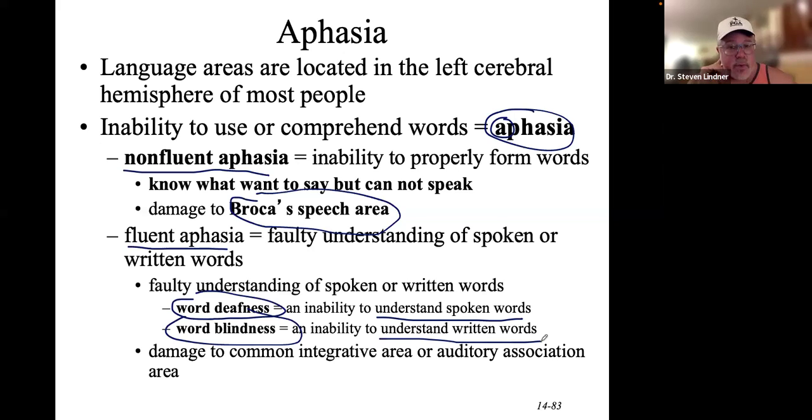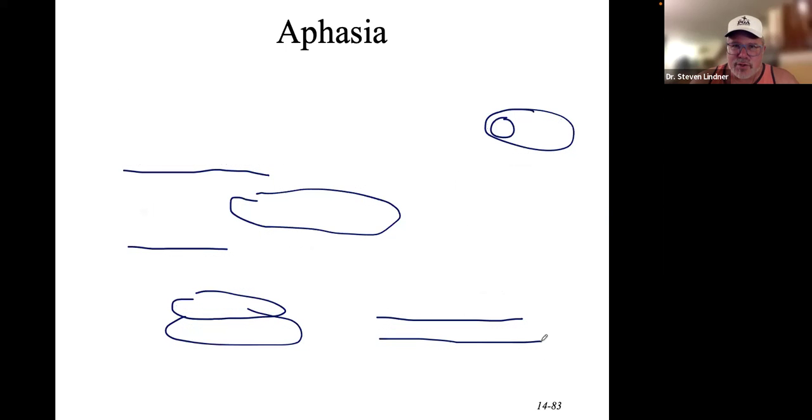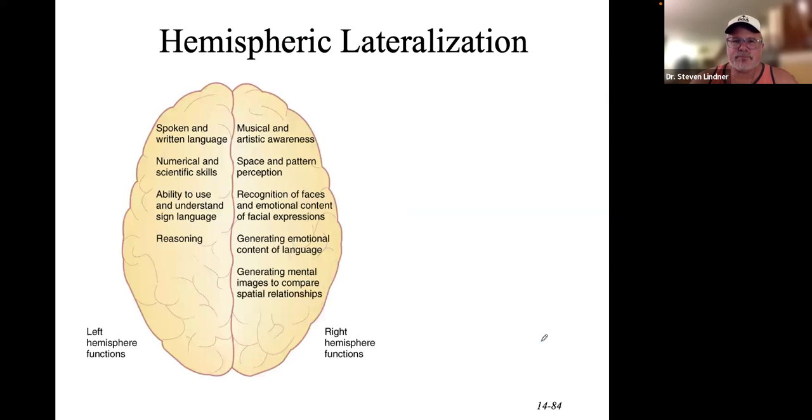You can hear the word ball and not understand what that word is. At one point in your life, you did, but when there's damage to these centers, especially these integrative association areas, it's the processing of that. You can't process it and interpret that information.